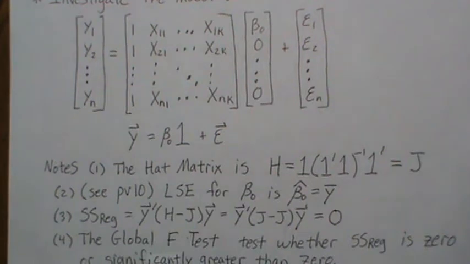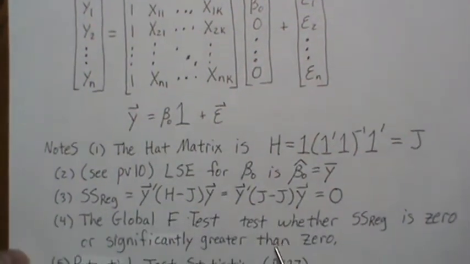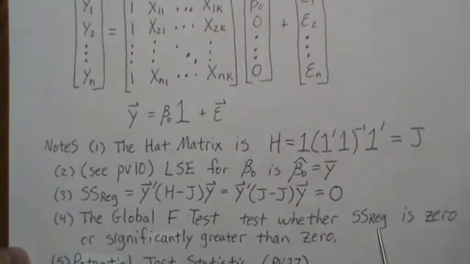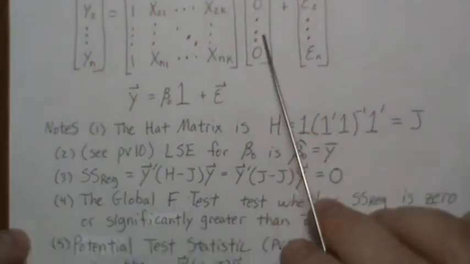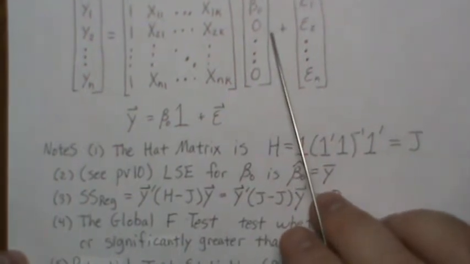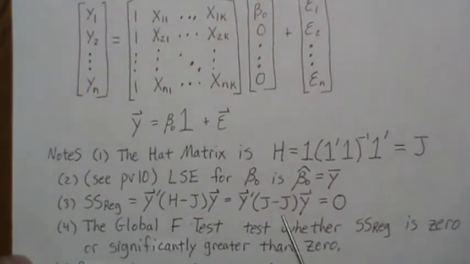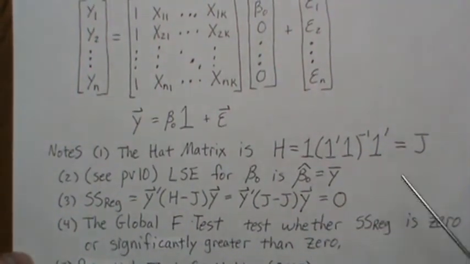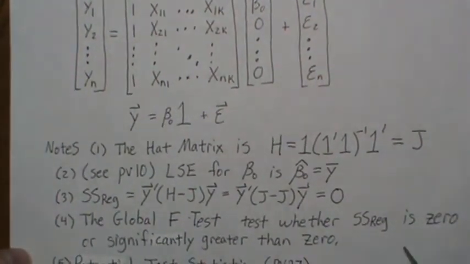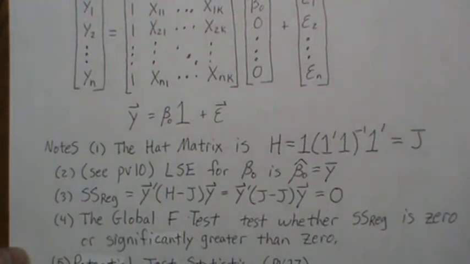Now the global F-test tests whether the sum of squares regression is 0 or significantly greater than 0. So if all these betas are 0, then the sum of squares regression is 0. If at least one of them is not 0, then the sum of squares regression is greater than 0. That's another way to think about this test.